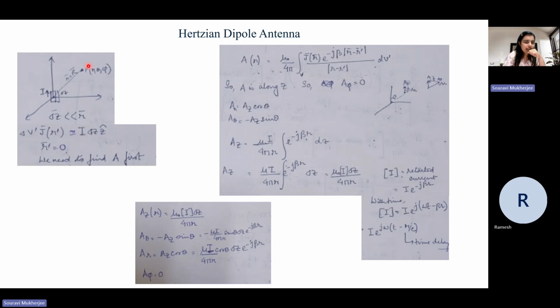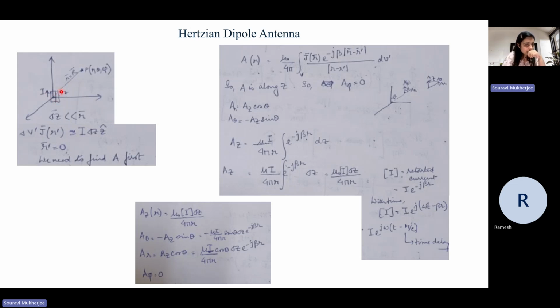Now the question is, what is its effect, or what is the potential or the field at some later point at a distance r from this source? It depends. If your r is significantly larger than this dimension, then you are in a limit where this dimension won't play much of a role.